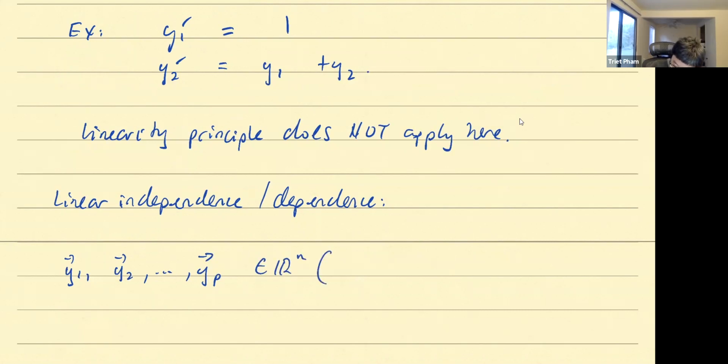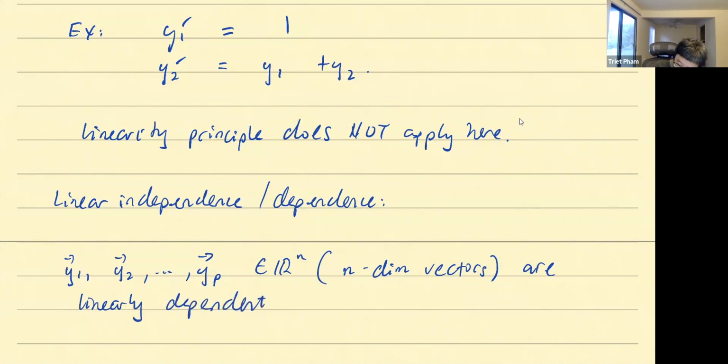Again, I'll just spell it out for you: these are n-dimensional vectors. Linearly dependent, I think it's quicker to pose it this way.